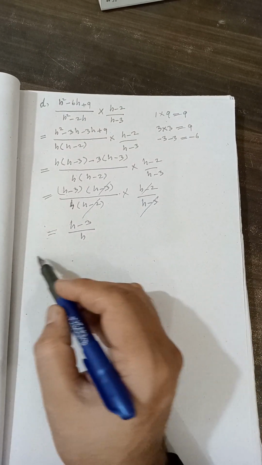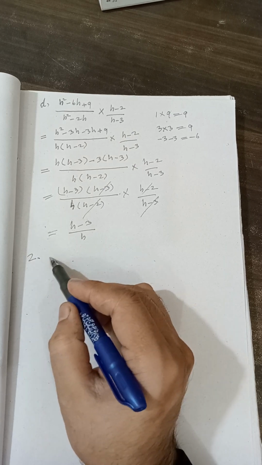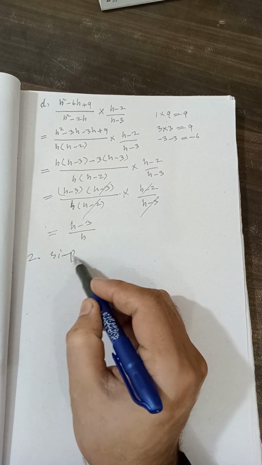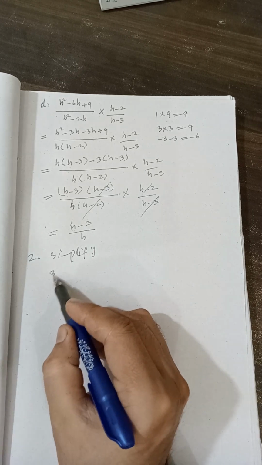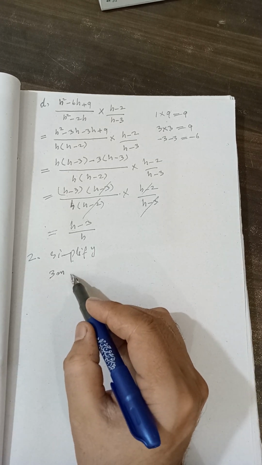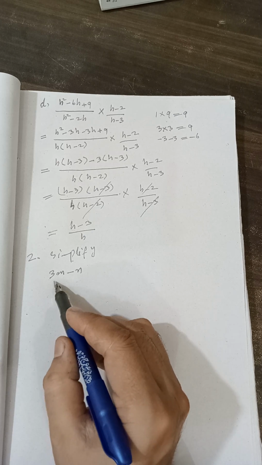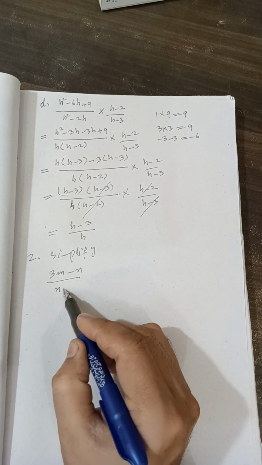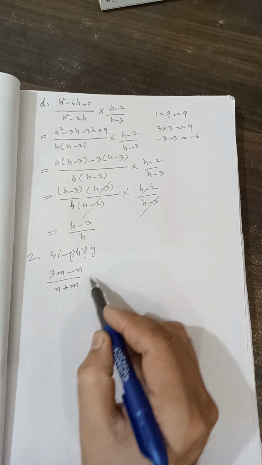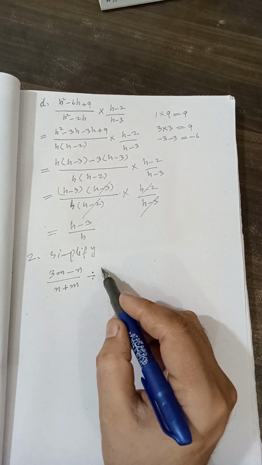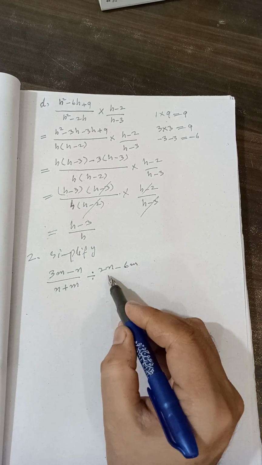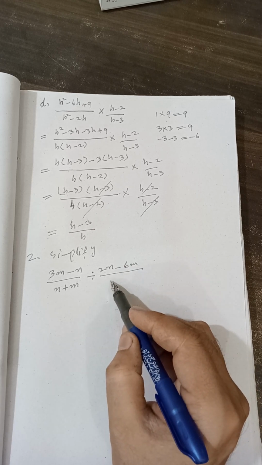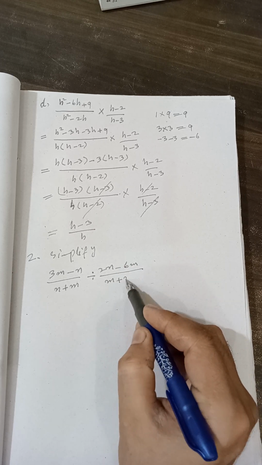Then there is question number 2. Again for simplification, this is (3m minus n) over (n plus m) divided by (2n minus 6m) over (m plus n).